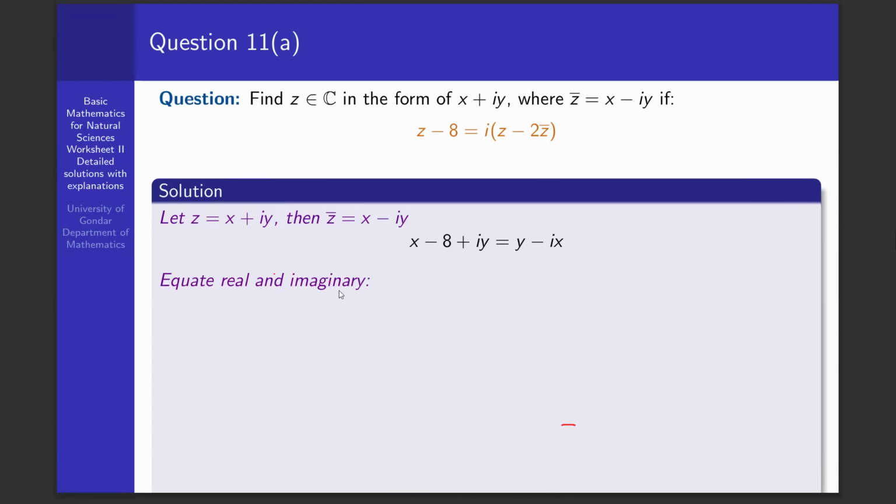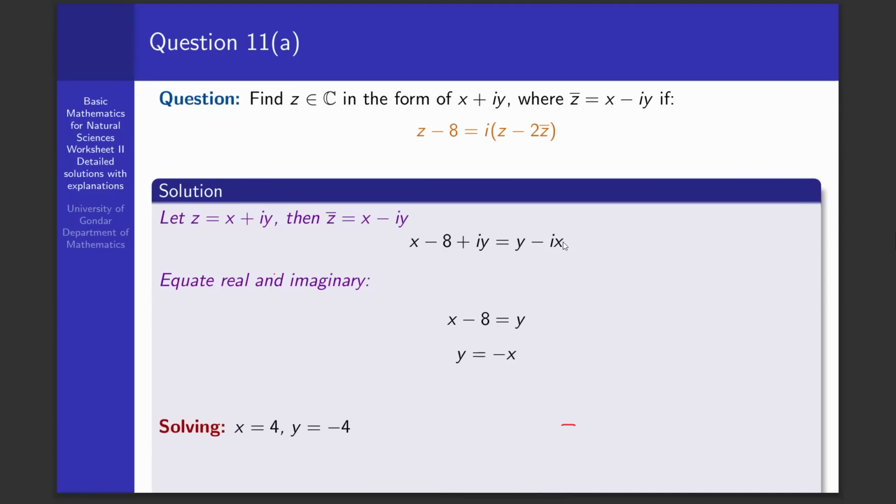Then equating the real and the imaginary parts as usual, we have the real part of this one is x minus 8, and the real part of the second one is y, so that we have x minus 8 is equal to y, and the imaginary part will be, that is, y is equal to minus x.